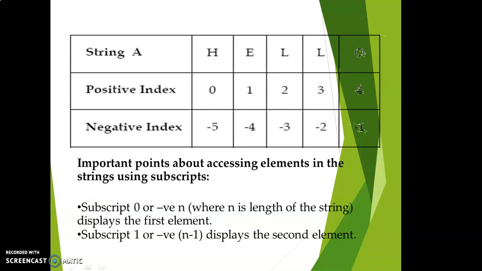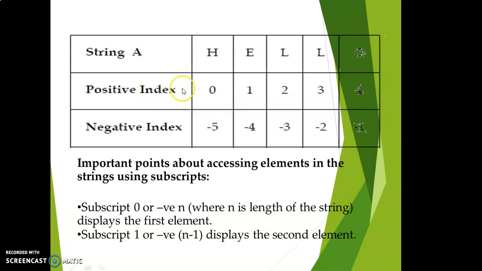So now this is the string. I have written hello. In hello, see the sequence of characters. This is the positive index: H in the 0th position, E in the first position, L in the second, another L in the third position, O in the fourth position.